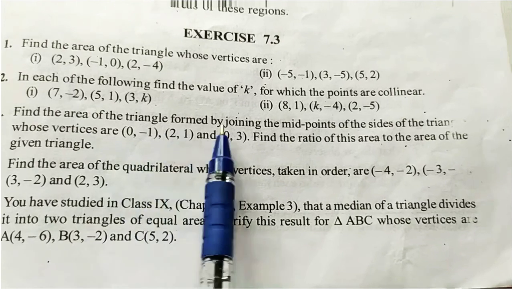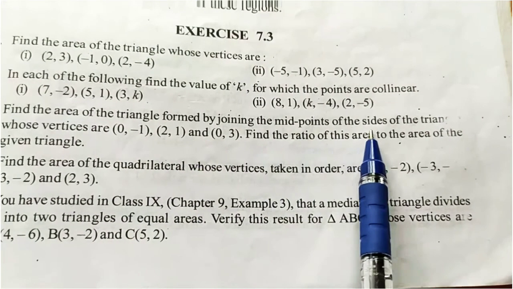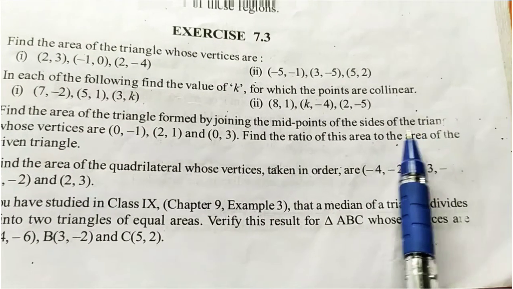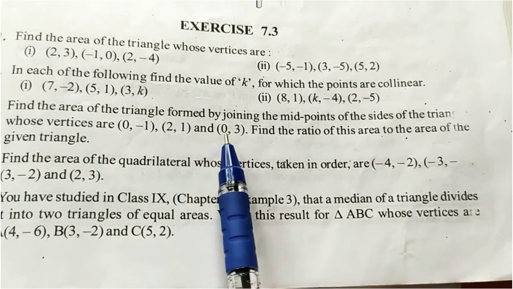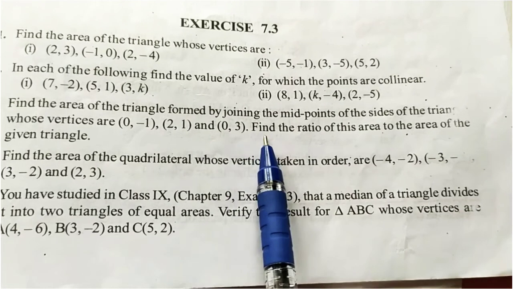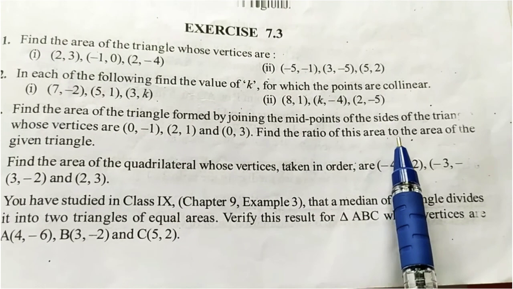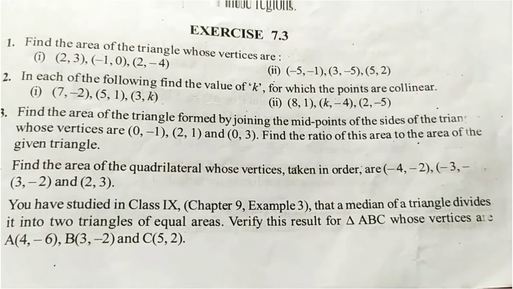Find the area of the triangle formed by joining the midpoints of the sides of the triangle whose vertices are 0, minus 1, 2, 1 and 0, 3. Find the ratio of this area to the area of the given triangle.